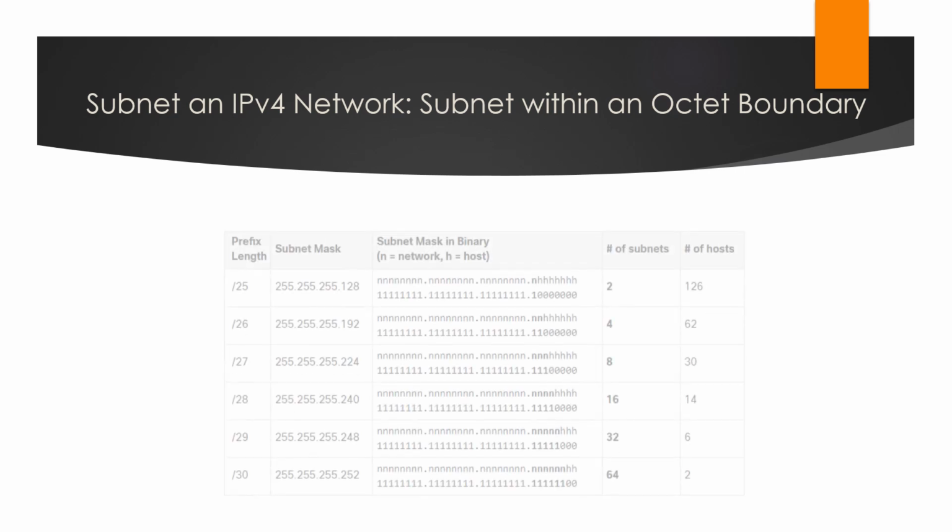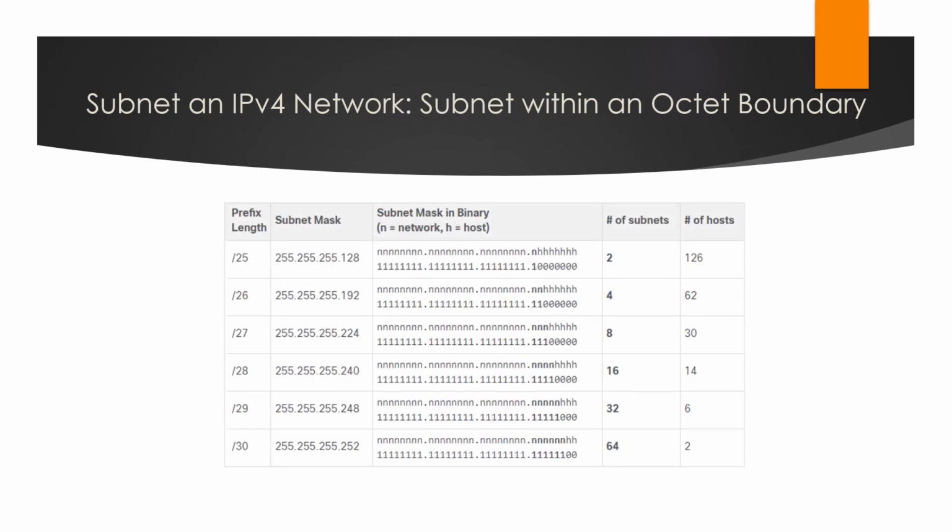Referring to the table, we can see that there are 6 ways to subnet a /24 network. By subnetting, we can go from /24 to /25 by borrowing 1 bit from the host portion, and we get this subnet mask.